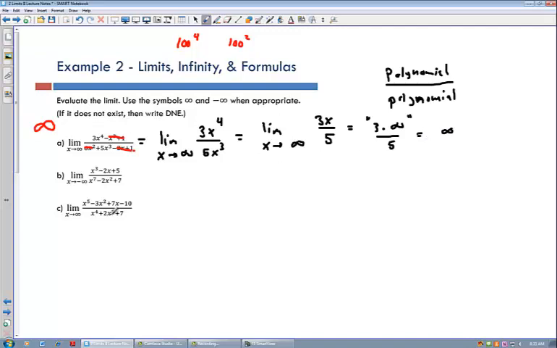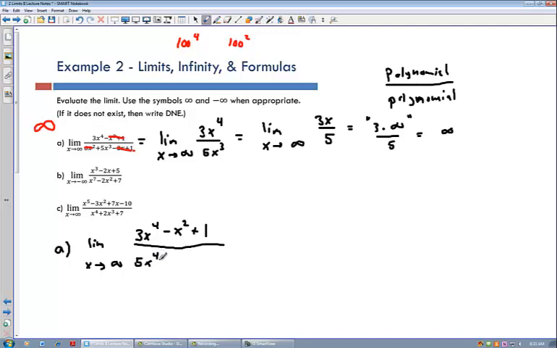And I just realized there's actually a slight mistake on here. So I'm going to add an example. I'm going to call it another part A, because this example was actually supposed to be written like this. So x goes to infinity, and let's just change it a little bit. So 3x to the 4th minus x squared plus 1, all divided by, and over here then I'll have 5x to the 4th.